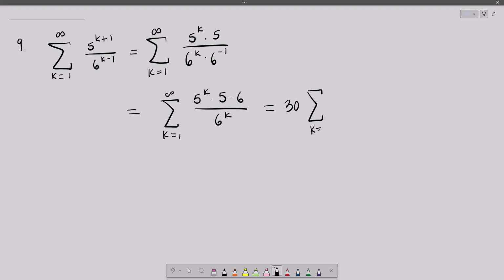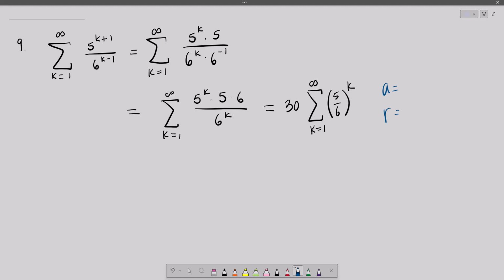And our series then can be rewritten in a geometric form. Now we can identify the important pieces of this geometric series. There are two important pieces, A and R. For a geometric series, we want to know the initial term, and we want to know the common ratio.